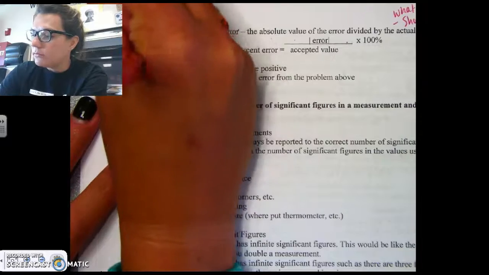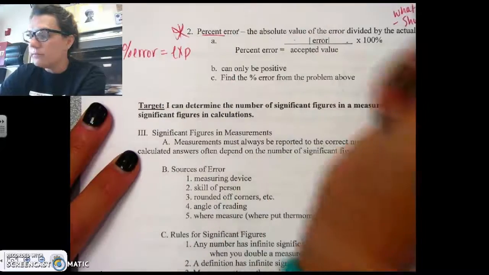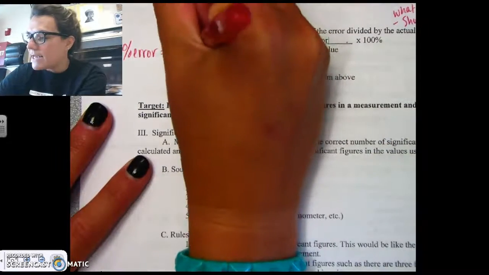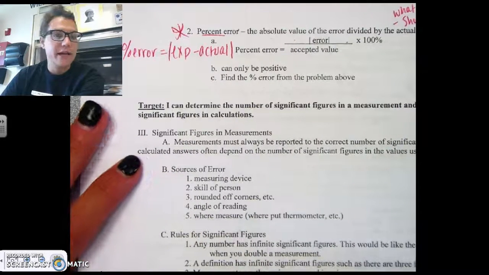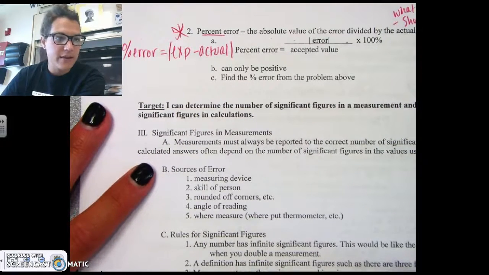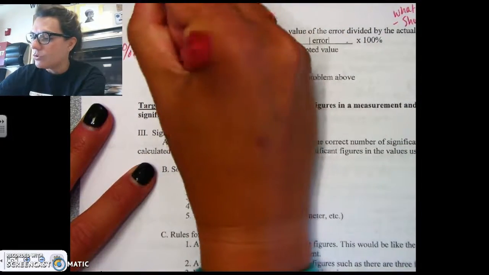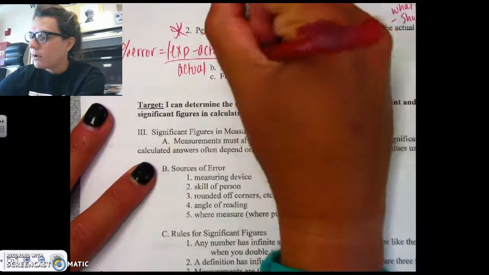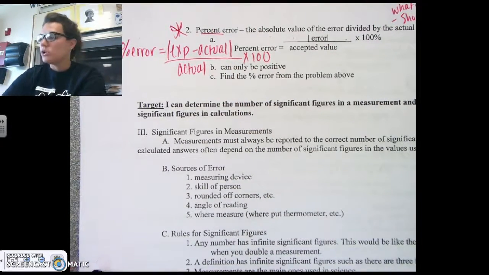Percent error is equal to experimental minus actual, and we take the absolute value of that, so we're not going to have any negative numbers because you can't have a negative percentage here, divided by actual, and then multiplied by 100 to get a percentage. Again, this can only be positive.